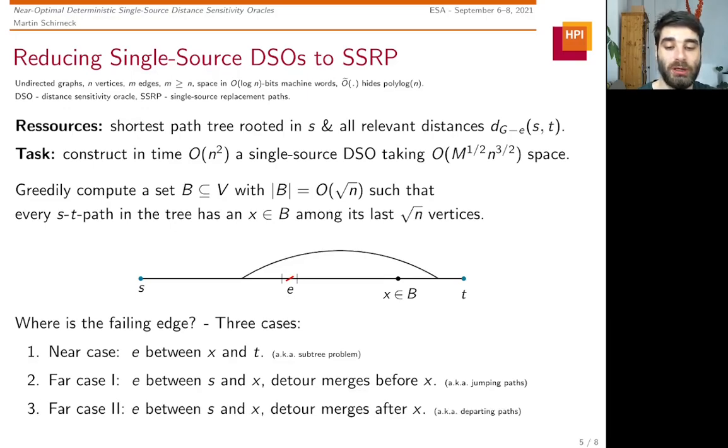And finally, we have the far case 2, where the failing edge is between s and x, but the detour merges only after the pivot, so among these last square root n vertices. In the following, I will discuss the far case 2 in more detail, because it is the most involved one in our reduction and it eventually dominates the preprocessing time.